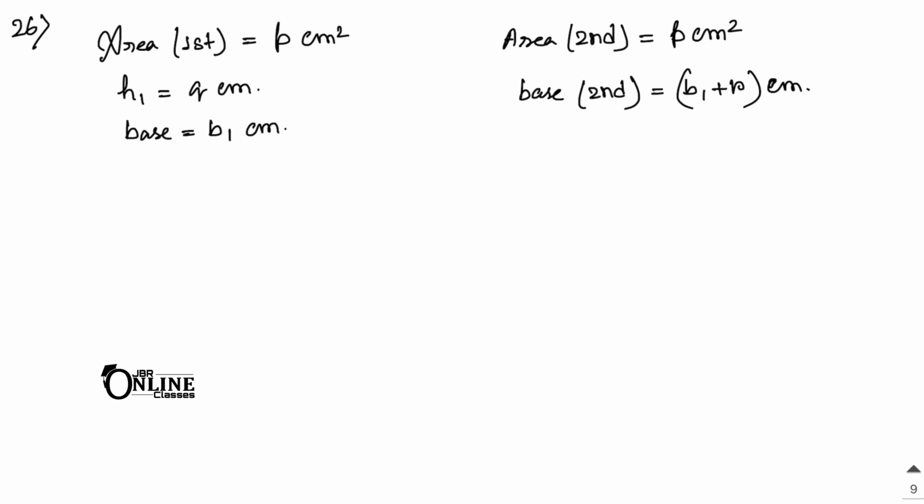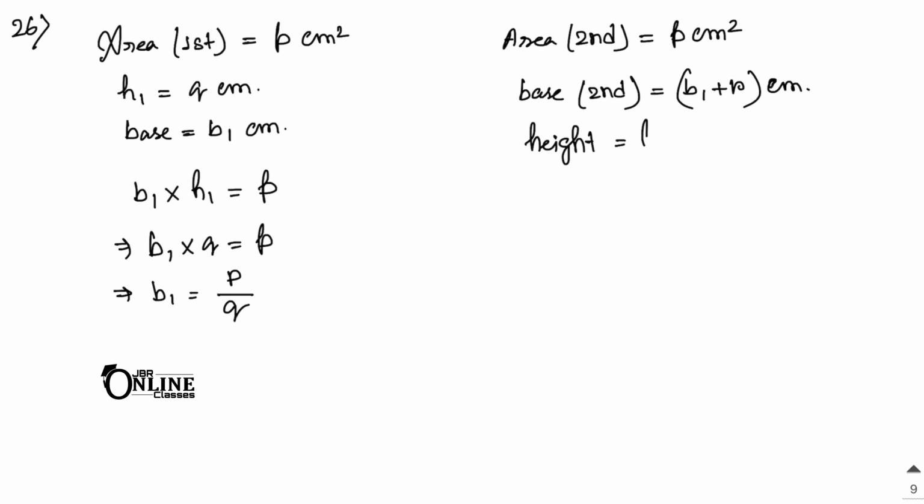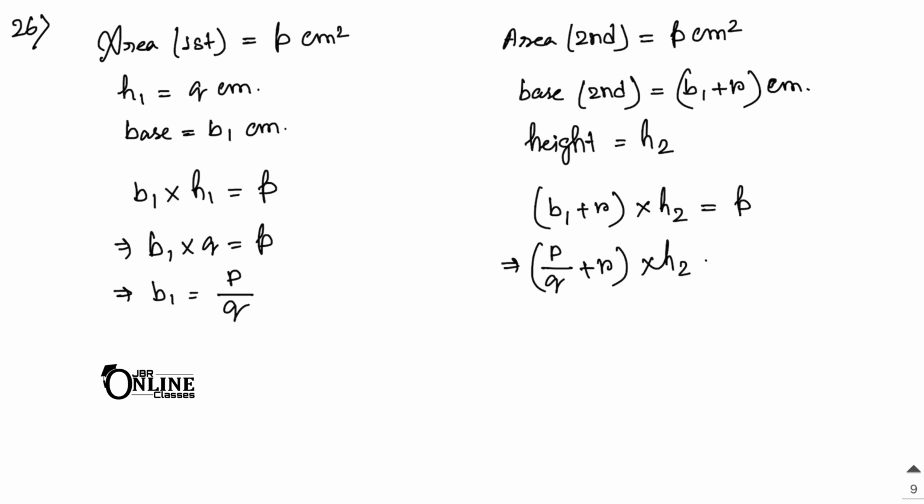centimeter. So now for the first one, b1 into h1, base into height, equals P. Now as you know that h1 equals Q, so b1 into Q equals P. So from that b1 equals P by Q. Now for the second one, if height equals h2, base into height, so b1 plus r into h2 equals P. Now if you put down the value here, P by Q plus r into h2 equals P. So h2 equals P divided by (P by Q plus r), so that will be PQ over P plus rQ.